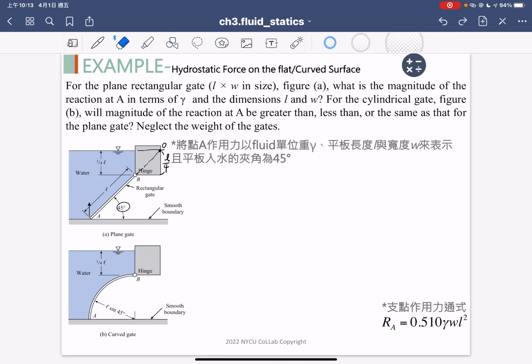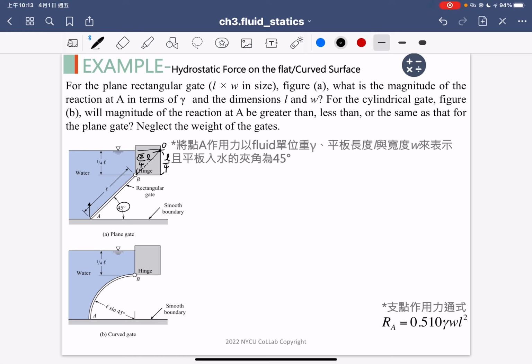So you need to compute this length. The length here is 4/√2 L because of the 45 degrees. Okay, so now we can compute some important information.